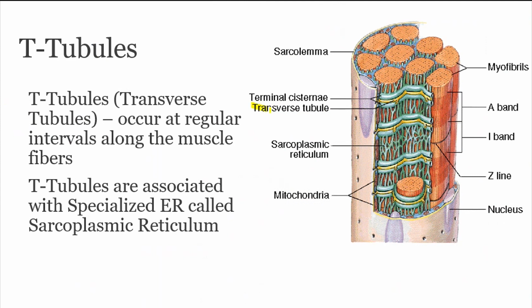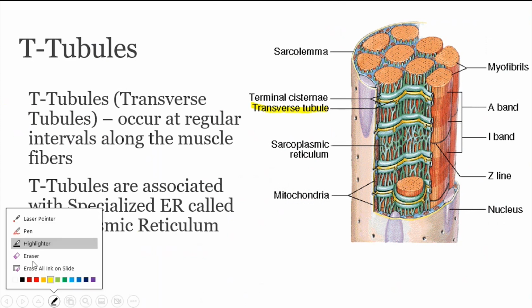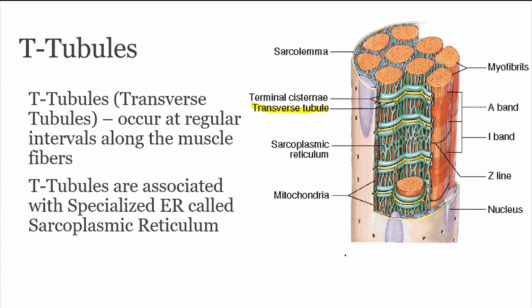T-tubules. Now, this one you're definitely going to need to know the definition of. So with T-tubules, if you think about it, this is your muscle cell, and you've got your action potential coming from your motor neuron that is going down the plasma membrane of that muscle cell.